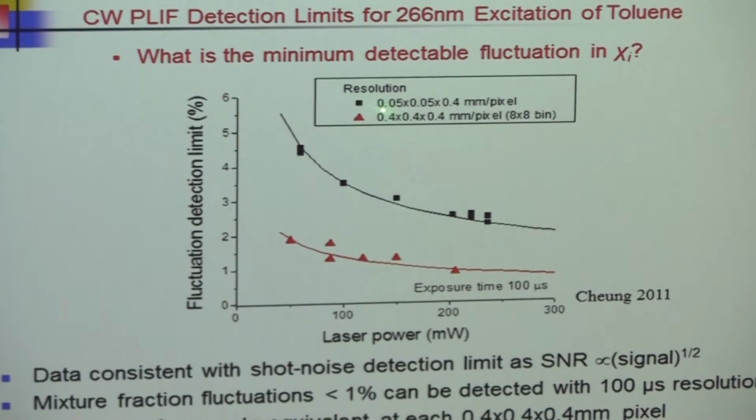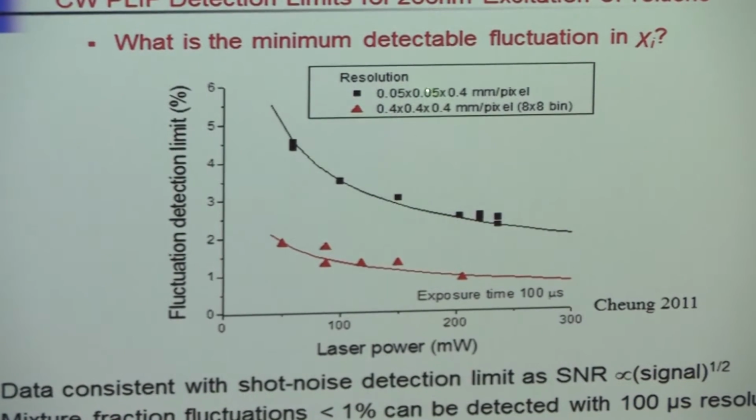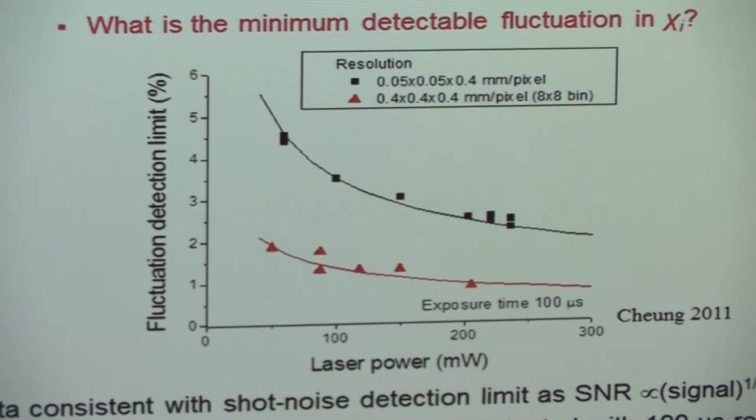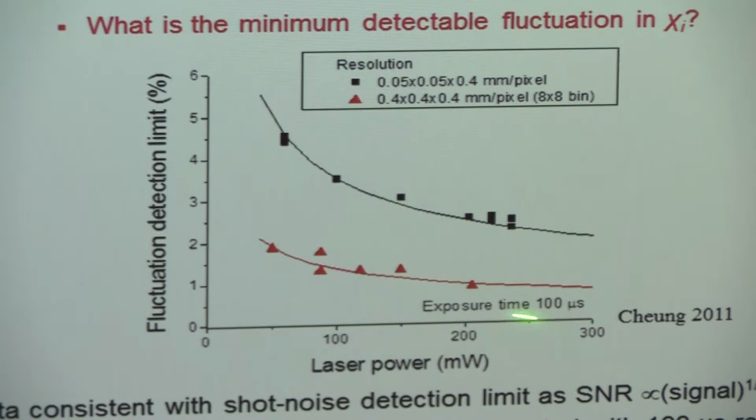If you look at a pixel that's 50 microns by 50 microns by 400 microns thick, and then as a function of the laser power, we could resolve, out here at where we were, about 200 milliwatt, about 3% fluctuations. Meaning if you're looking at a picture, if you could see differences of say 3%, they were real fluctuations. But if we're willing to go to 400 microns by 400 microns by 400 microns, and to do a little binning of these pixels, then we get way down here.